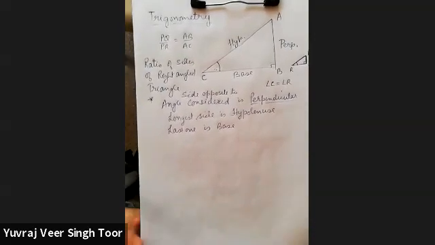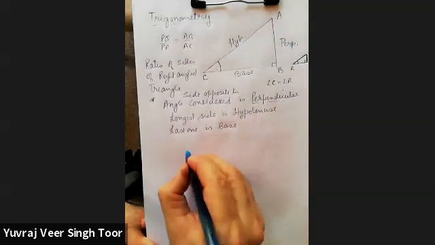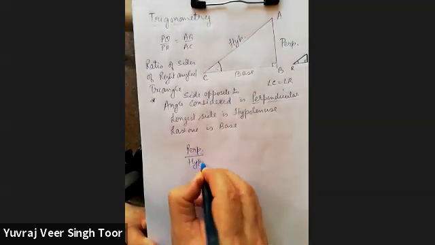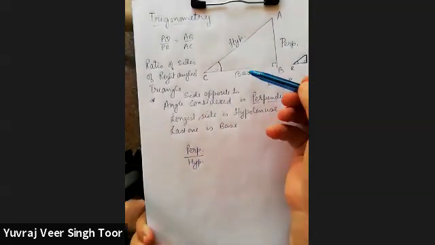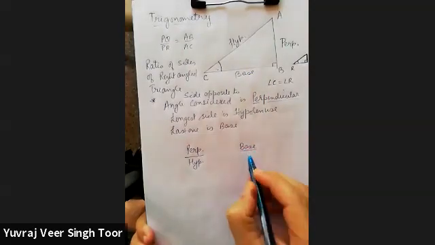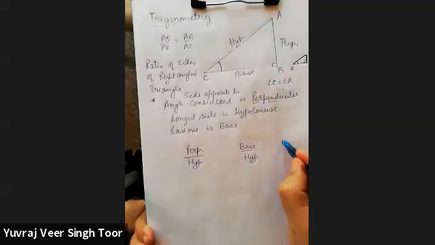Let us start with the first ratio, that is the perpendicular to the hypotenuse. What could be another one? Base upon hypotenuse. What else can we have? Perpendicular upon base.